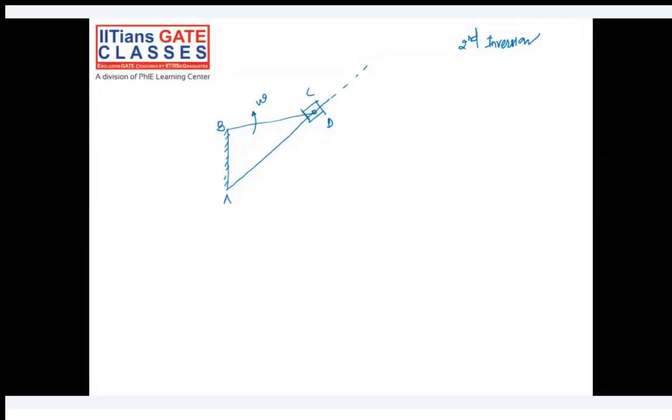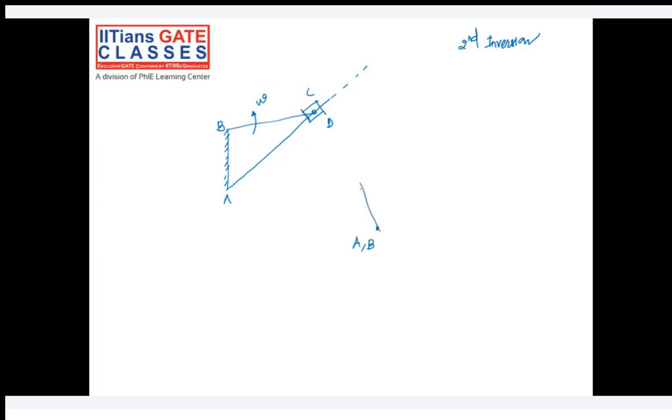So, the velocity of the slider will be... Let's try to draw it together. This is our point A and point B, because it's a fixed link. The velocity of BC will be perpendicular to that, somewhere here.